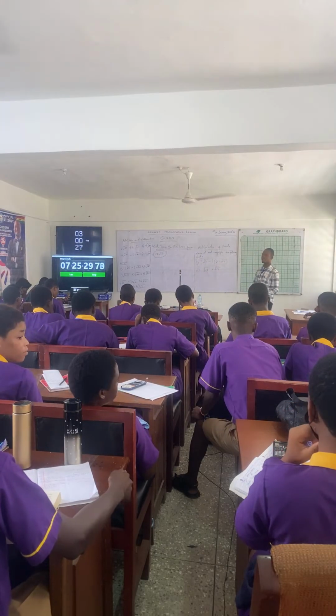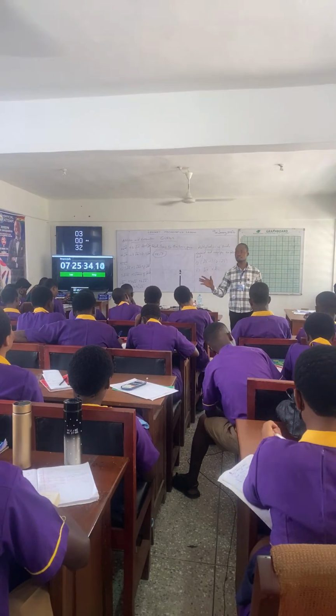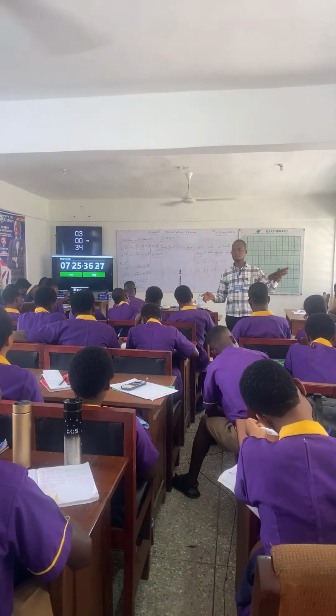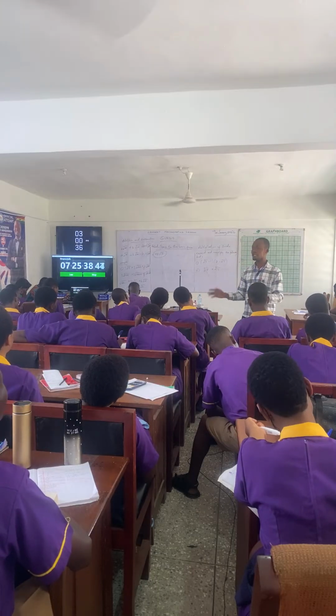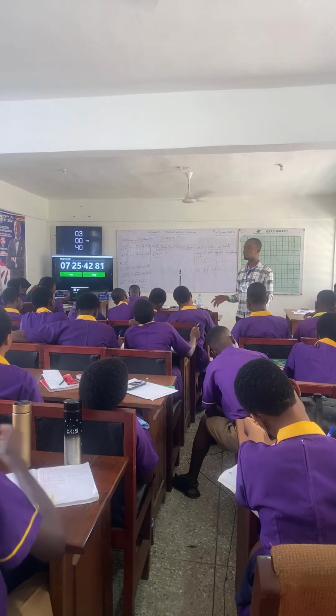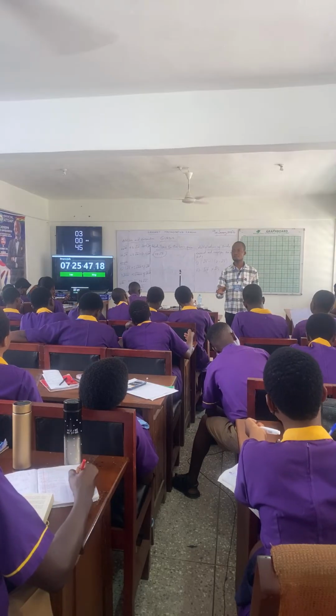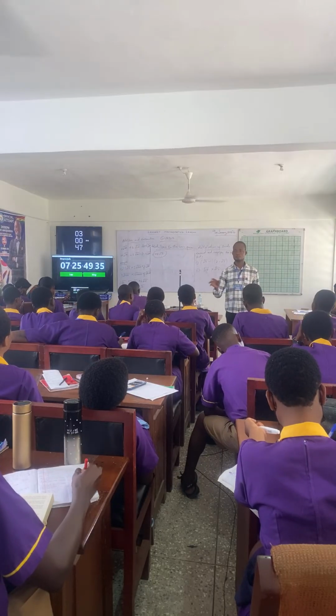So the first one is also expressed in the form of two binomials. We do the same thing again: the first bracket is always multiplying the second bracket. So let's do that.